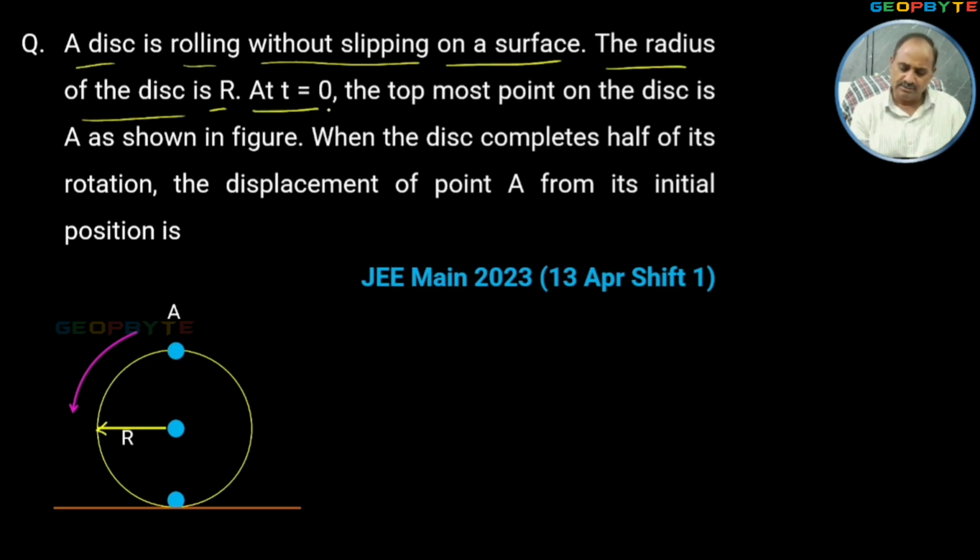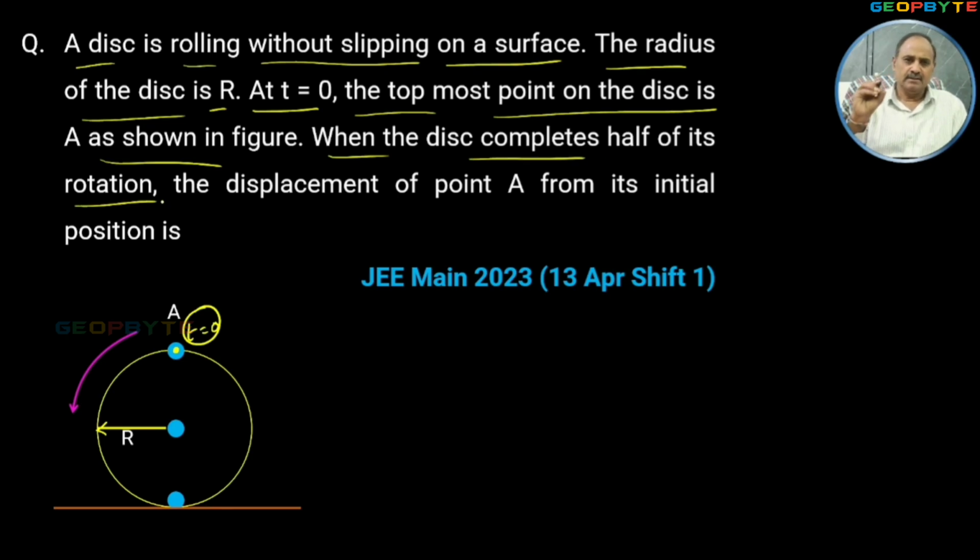At t equal to 0, the topmost point on the disk is A, as shown in the figure. By the time the disk completes half of its rotation, what is the displacement of point A from its initial position?